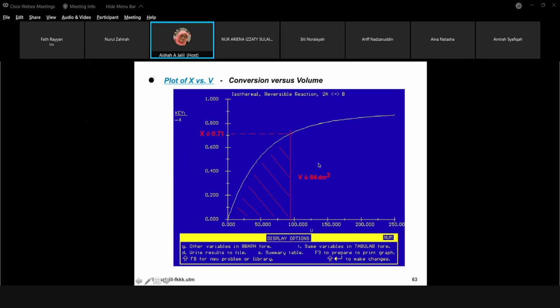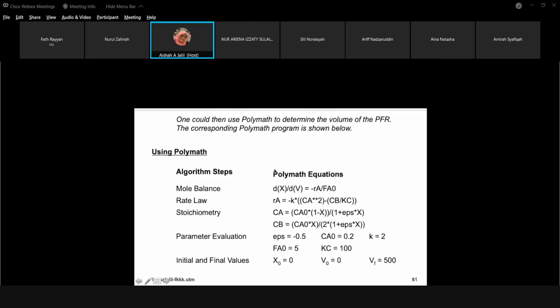Polymath can calculate the V at any conversion, like this. You just put this in your Polymath. There is a CD, especially at the back of your textbook.